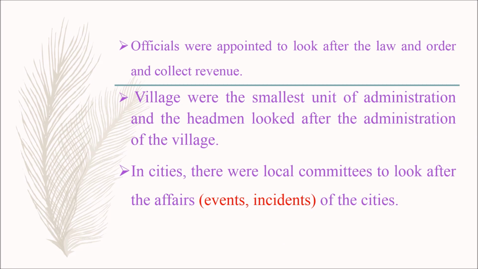Then, officials were appointed to look after the law and order and collect revenue. Villages were the smallest unit of administration, and the headman looked after the administration of the village. In cities, there were local committees to look after the affairs of the cities. Here, affairs means events or incidents.